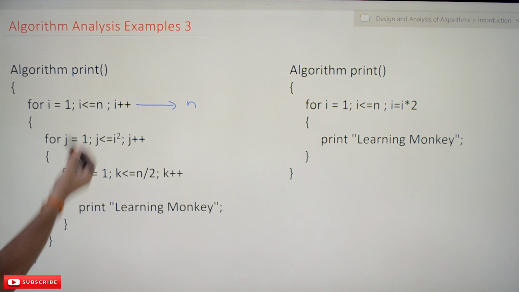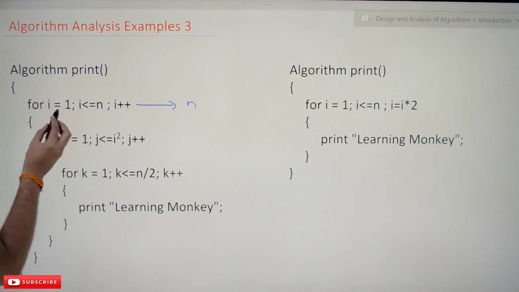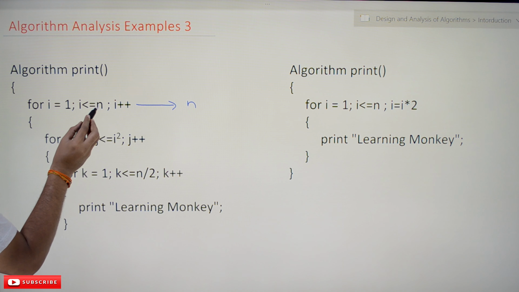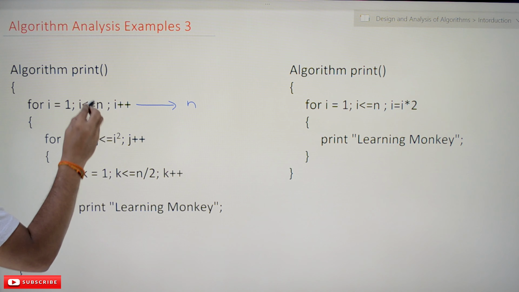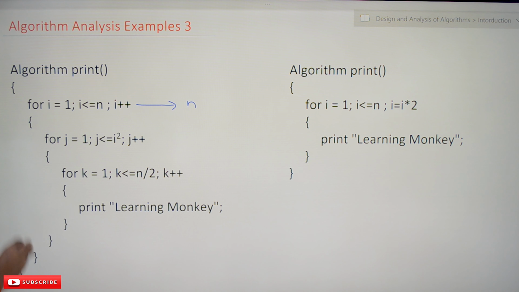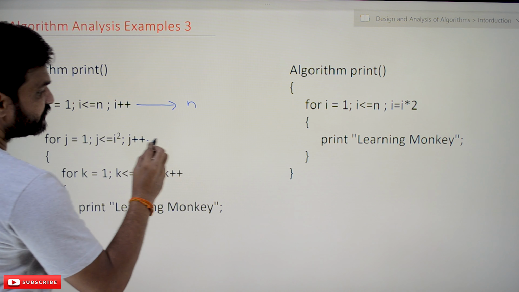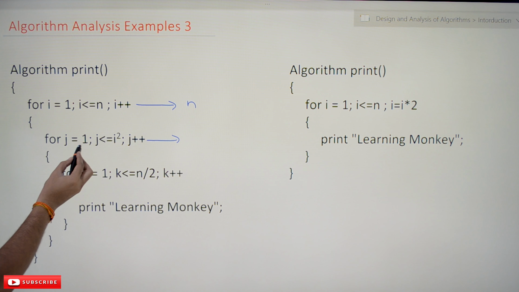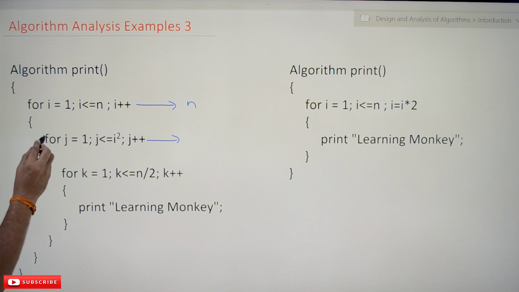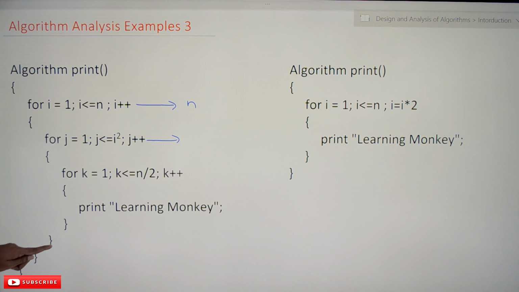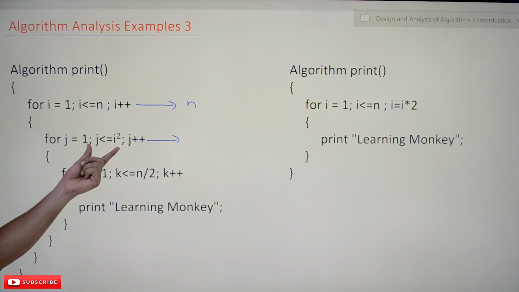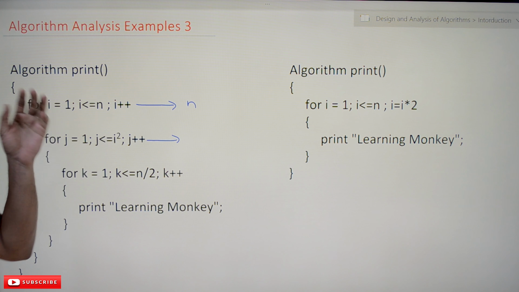This loop is going to iterate n number of times, because i is equal to 1, i less than or equal to n. So based upon the value of n, this loop is going to iterate that many times. Now how is this for loop going to iterate? The number of iterations done by this for loop is dependent on the value of i. Try to get that point.